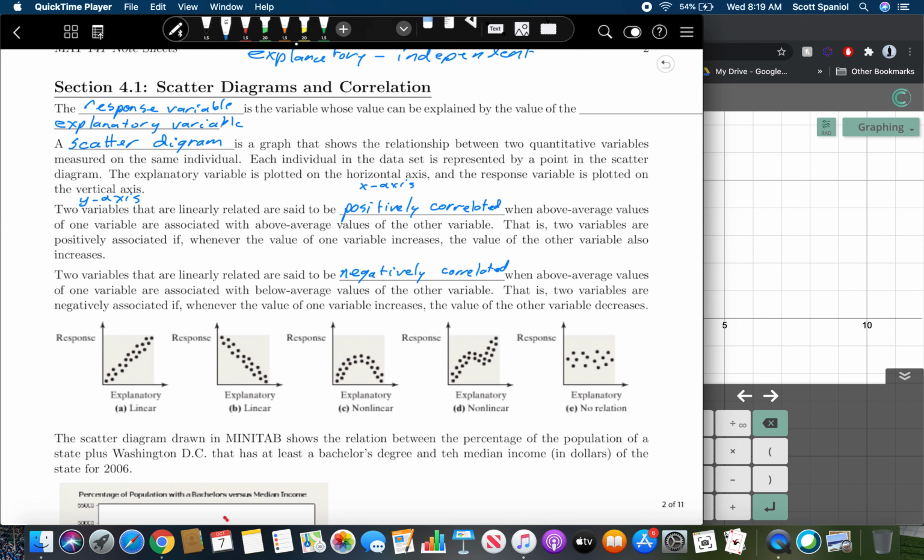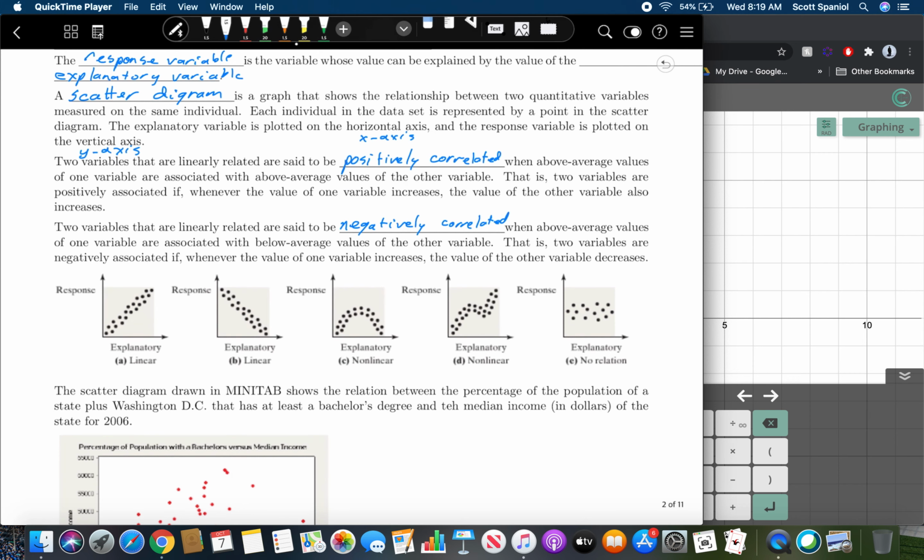Here are some examples of what these might look like. Here's an example of a linear correlation that is positive, because these values follow a fairly straight line that goes in a positive direction, with a positive slope.